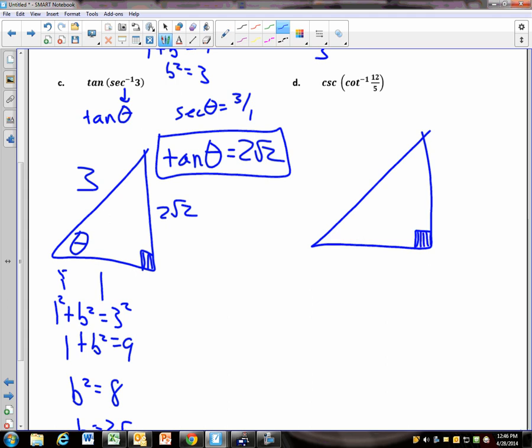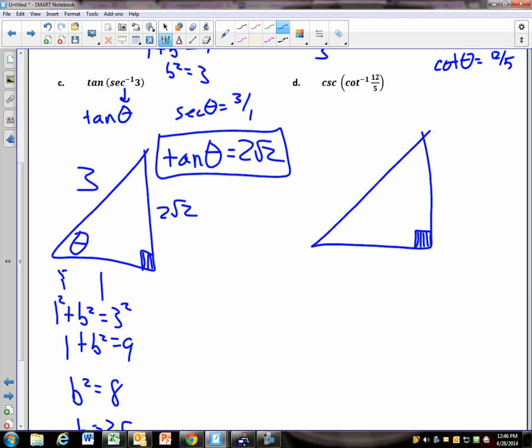Cosecant of cotangent inverse of 12/5. You know that cotangent of theta is equal to 12 over 5. What is cotangent in terms of opposite, adjacent, and hypotenuse? What's cotangent's ratio?